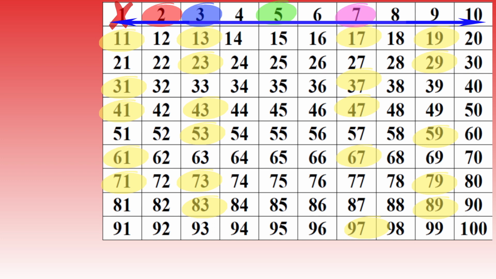You won't be eliminating any other numbers from this box. If you don't believe me, give it a try and let me know in the comment section if you manage to eliminate any more of the numbers.